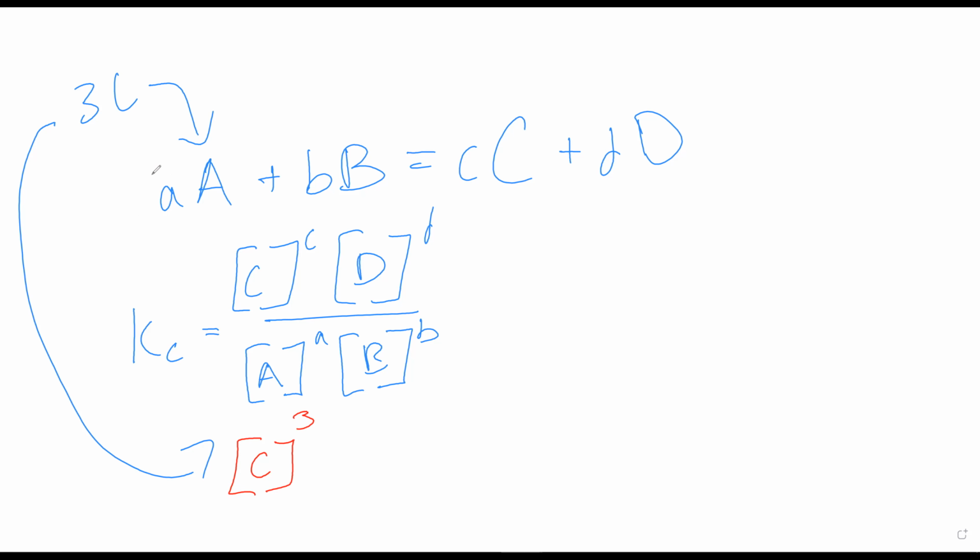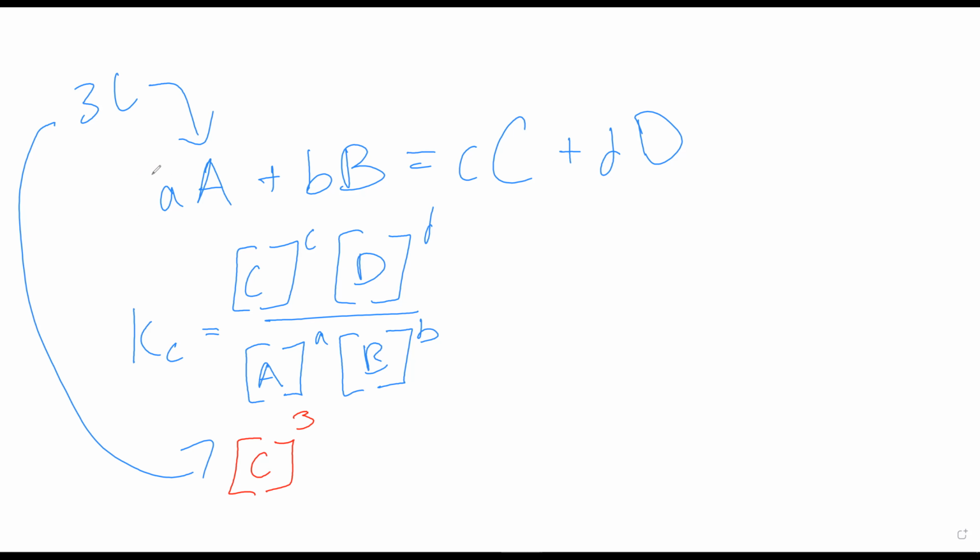Does that make sense to everybody? Yeah. Okay, thank you. So why is this important? Well, if I have this and I know what the Kc is, and I am given other amounts, or heck, I don't even need to be given specific amounts, but if I'm given certain amounts, I can solve for the equilibrium concentration.